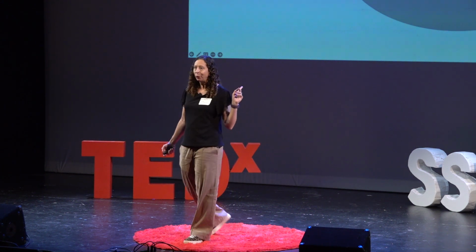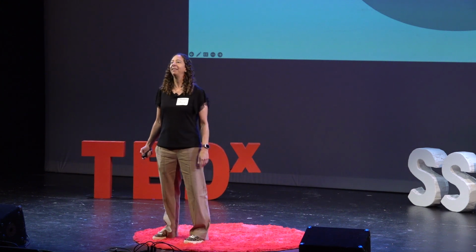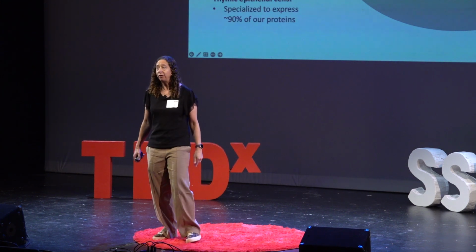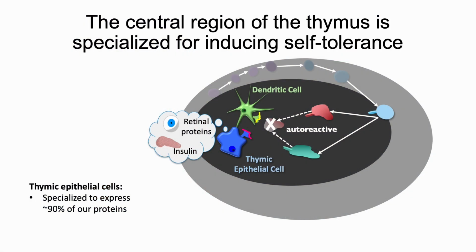There are a couple of cool mechanisms in the thymus that are specialized for generating broad self-tolerance. First, these thymic epithelial cells actually can express about 90% of all of our proteins. They have a specialized mechanism for doing that, and we know that that's very important for tolerance because people who have problems with that mechanism have multi-organ autoimmunity.